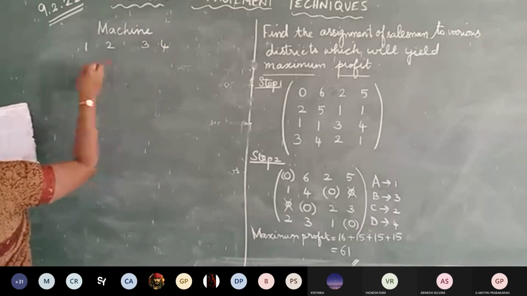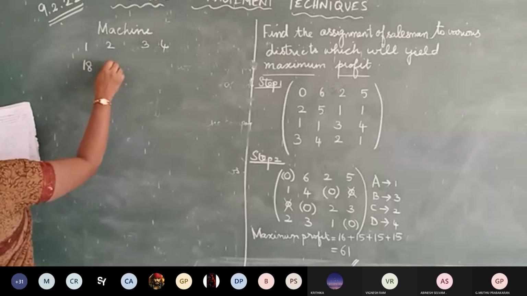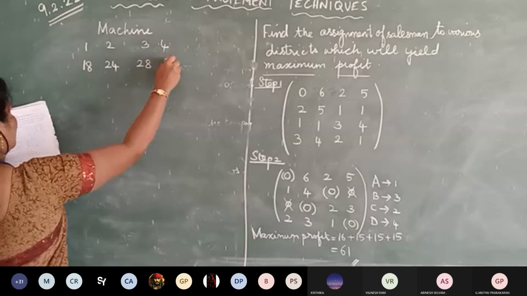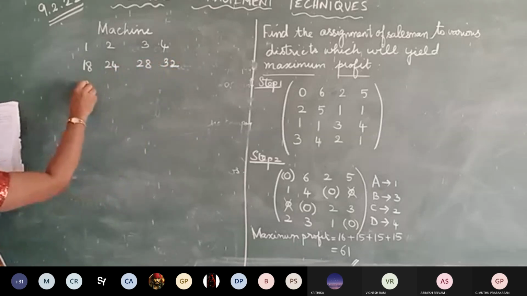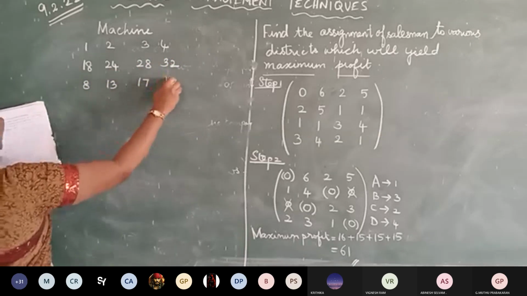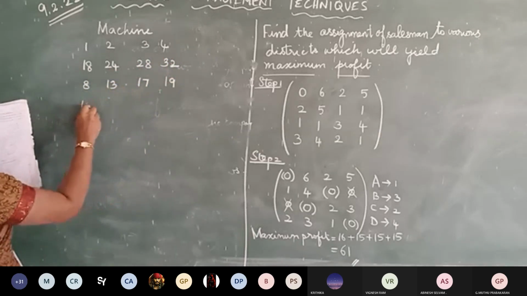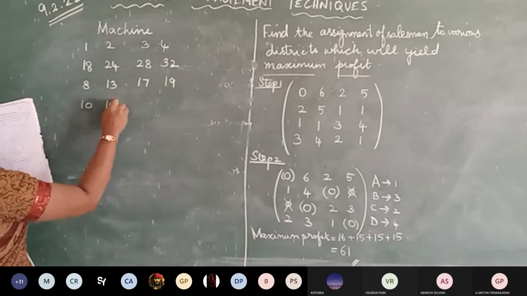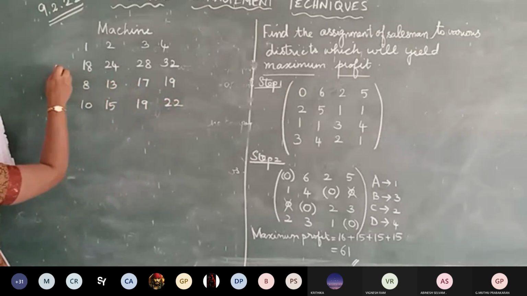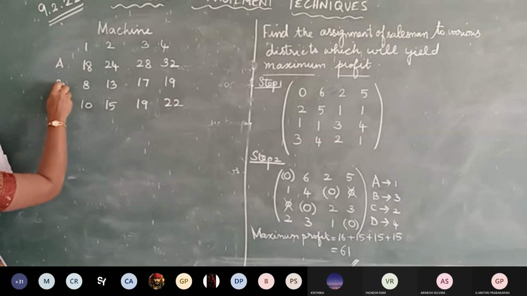The values are 18, 24, 28, 32, 8, 13, 17, 19, 10, 15, 19, 22. And your jobs assigned are A, B.